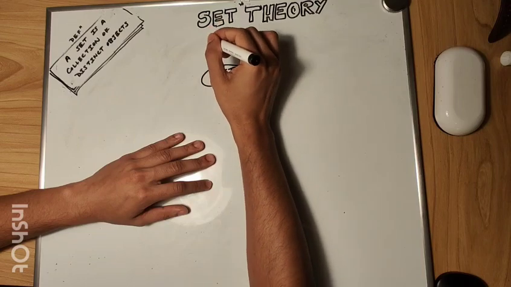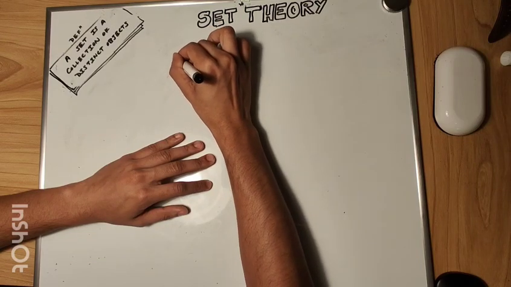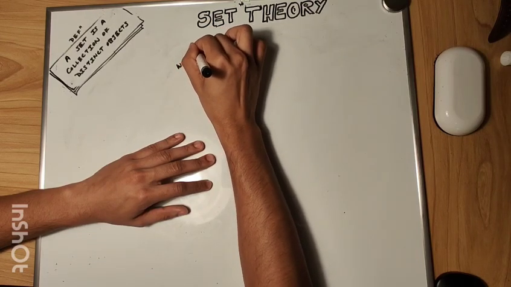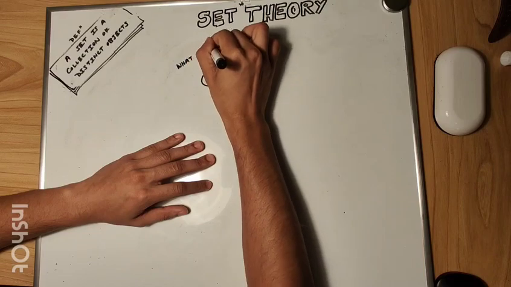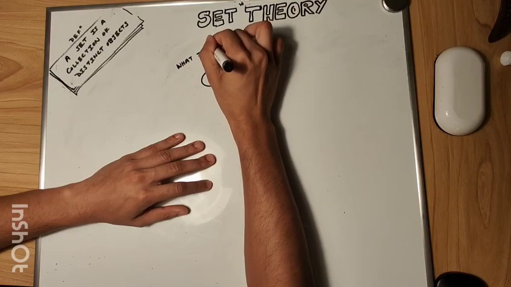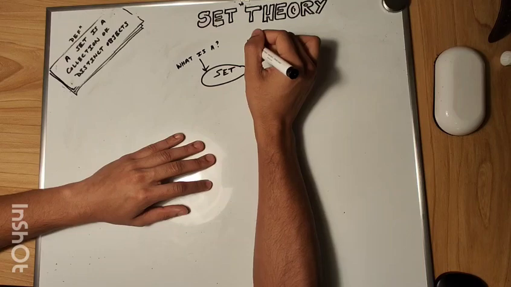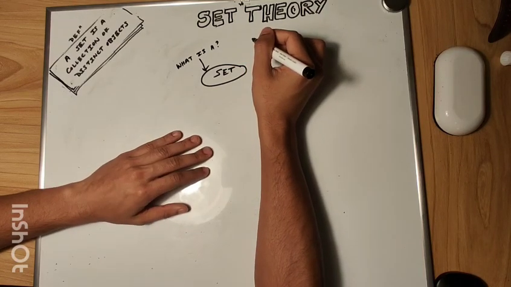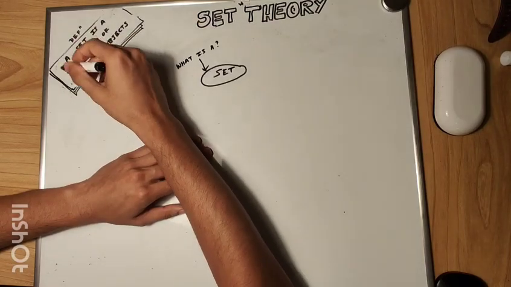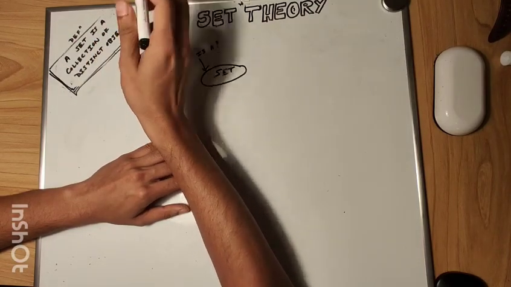So a first question, and a very natural question that arises, is what is a set? You might have or might not have heard this definition before, but it says that a set is a collection of distinct objects.